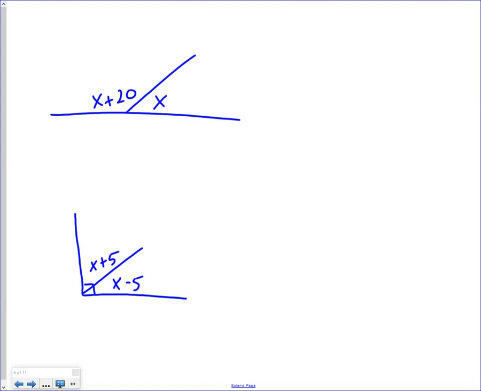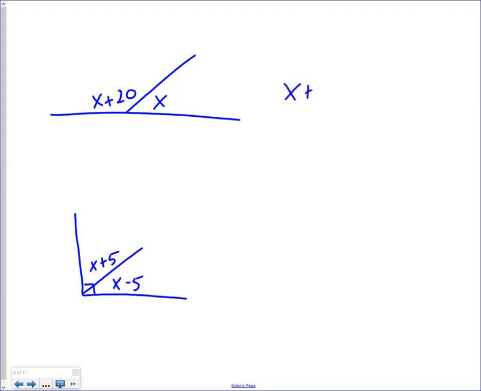All right, let's look at two different sets of angles here. The first one, these two angles are supplementary, again because they form a linear pair, right? Two angles on a line. Since they're supplementary, that means they sum to 180.